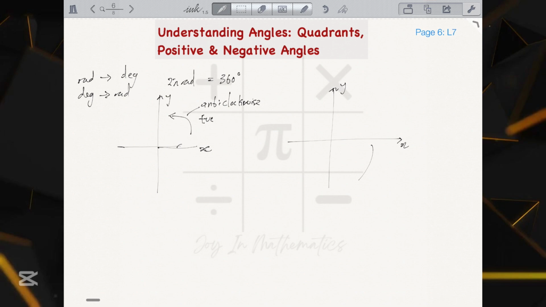But if it is moving in the clockwise direction, we call this the negative angle. Remember that this is always the starting point for angles, 0 degrees.